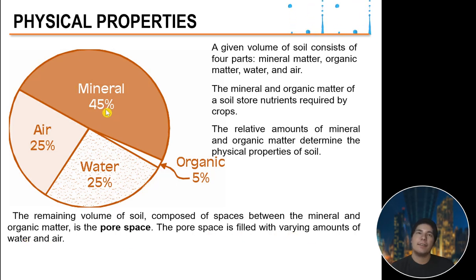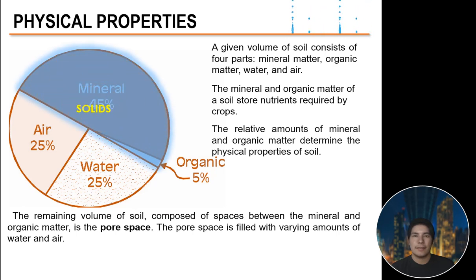So bali yung mineral takes about 45% and organic is 5%. So bali yung total nung solid particle is 50%, while yung sa pore spaces natin takes up water, which is 25%, and also air, which is 25%, a total of 50%. No? So bali yung soil natin is 100% lahat.